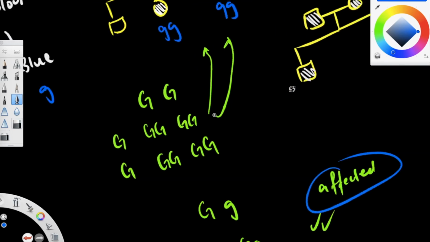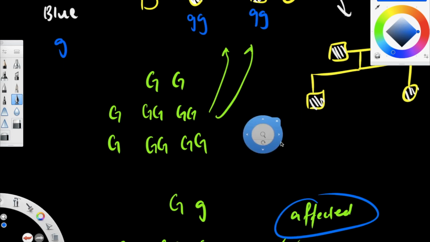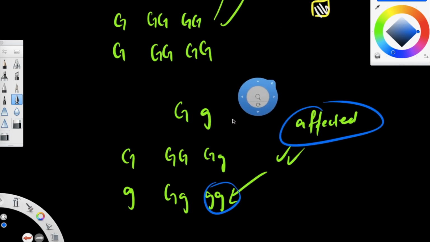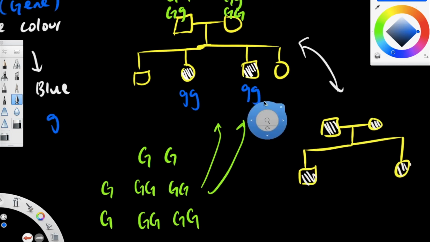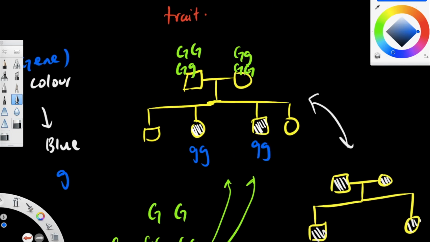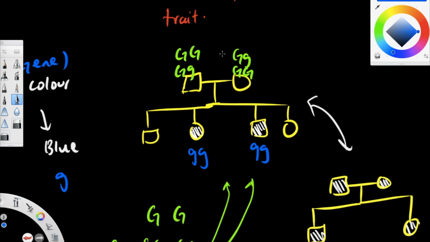So it's possible that if the parents are both heterozygous, they can produce offsprings with blue eye color. The first scenario is one parent having a capital G, capital G genotype, and the other parent having a capital G lowercase g genotype.